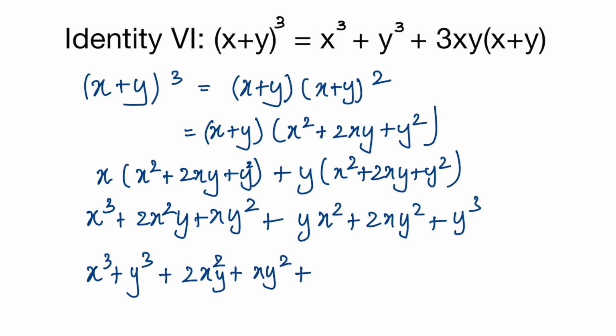This term is just another variation of x squared y, right? x squared y is the same as yx squared, so I'm just going to rewrite it in that form, x squared y. And 2xy squared is just the same form of xy squared, right? So it's 2xy squared; we have written the y cube already.